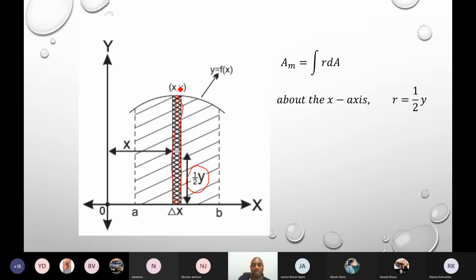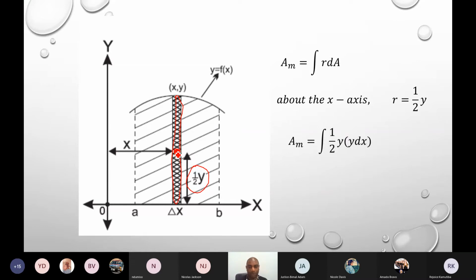But when I'm dealing with area moment, I deal with the center of the strip. So the y coordinate at the center of the strip is half y. But the x coordinate is just x. It's not half x, just x. So always keep that in mind. Try and remember that all the time. So that's why I'm using half y.